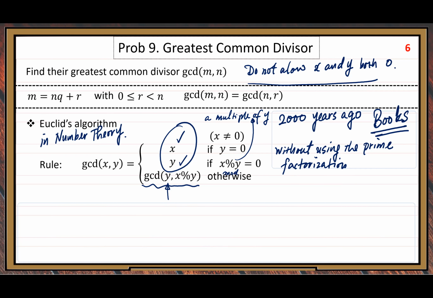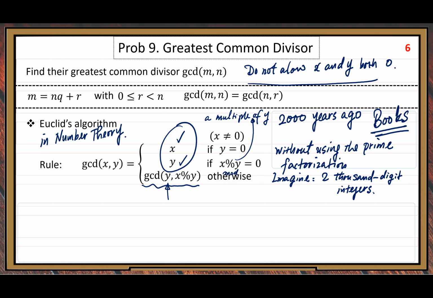Think about 1,000-digit or 2,000-digit integers, and we want to calculate the GCD of these two numbers.